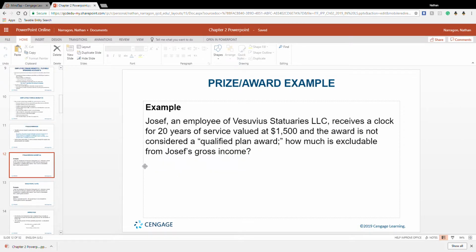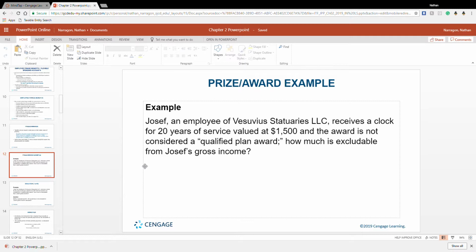So here's our example. Joseph, an employee of Vespucius Sanctuaries, Vespucius, okay, not even gonna mess with that anymore, receives a clock for 20 years of service valued at $1,500, and the award is not considered a qualified plan award. How much is excluded from Joseph's gross income?